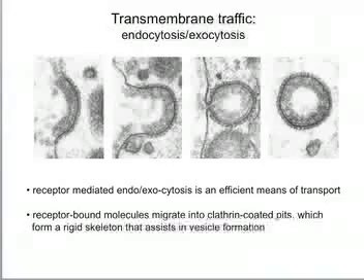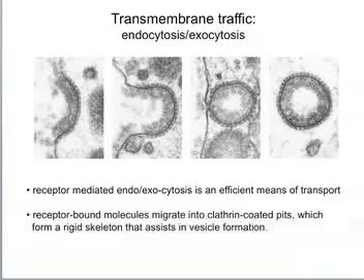Again, I'm skipping the cartoon here, just giving you the overall story. When the clathrin migrates to a particular domain of the membrane, that affects the structure of the membrane, right? And we see that happening as this begins to take on a bowl shape or invagination, and we see that very clearly here.